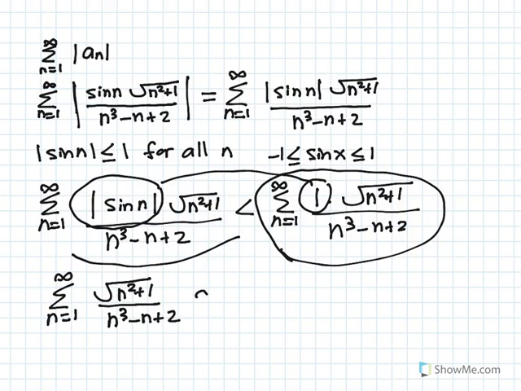If you want to know how a series behaves, you look at large values of n as n approaches infinity. For large values of n, this plus 1 is not going to affect the magnitude of this term, so the numerator is approximately root of n squared, and the dominant term in the denominator is n cubed. If we simplify, we get n divided by n cubed, which is 1 over n squared for large n.